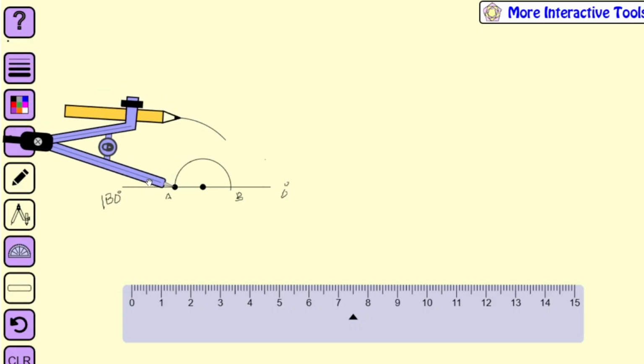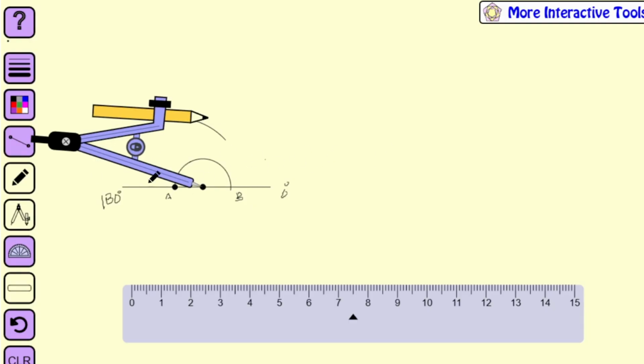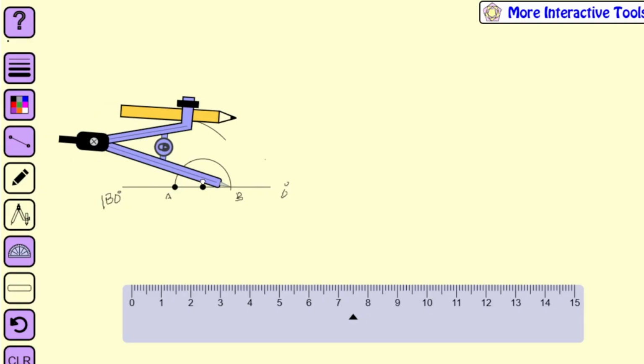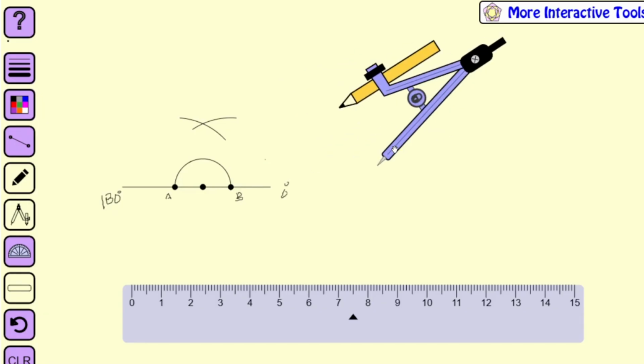All right. Then I'm going to keep the same radius, meaning don't open it, don't close it. Place it at B, not in the middle. That's a no, at B. And I'm going to scribe and cut. After I do that, I'm going to draw a line from my vertex through this point, and this is my 90-degree.